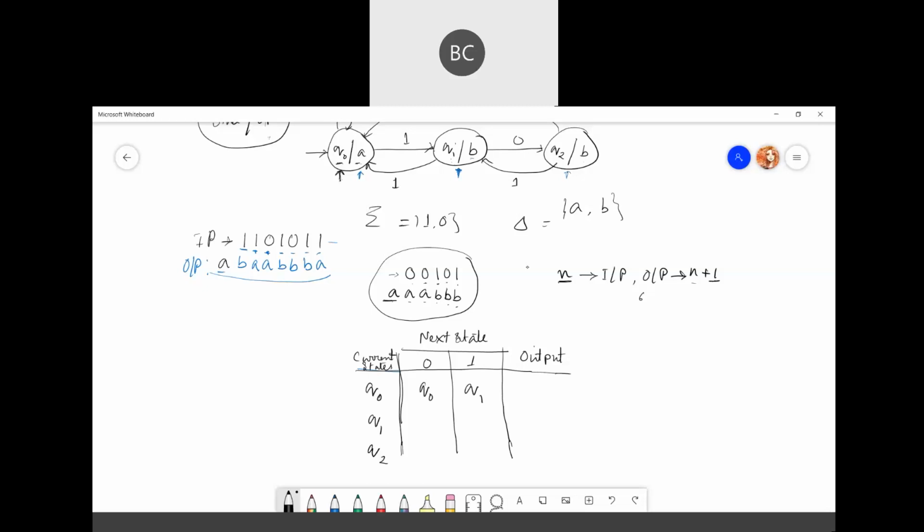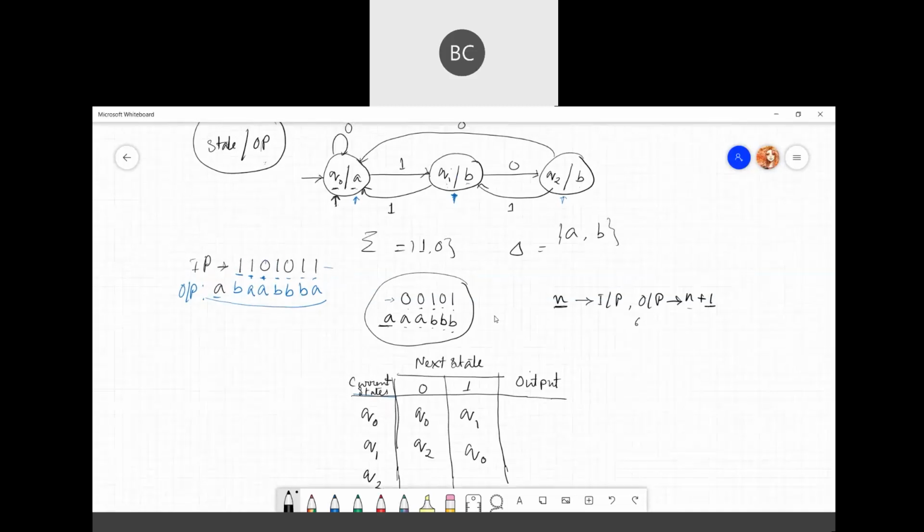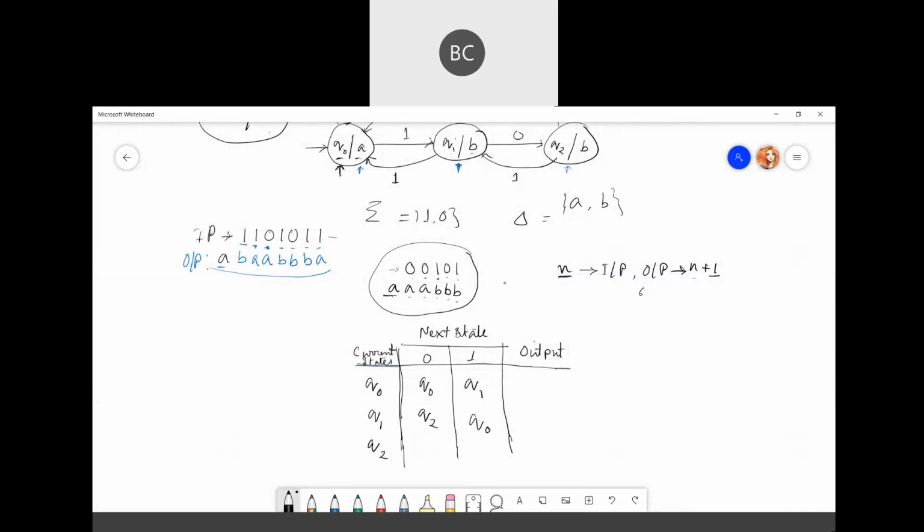For Q1, if it is taking 0, it is going to Q2. And if it is taking 1, it is going back to Q0. For Q2, if it is taking 0, it is going back to Q0 again. And if it takes 1, it is going to Q1 again.